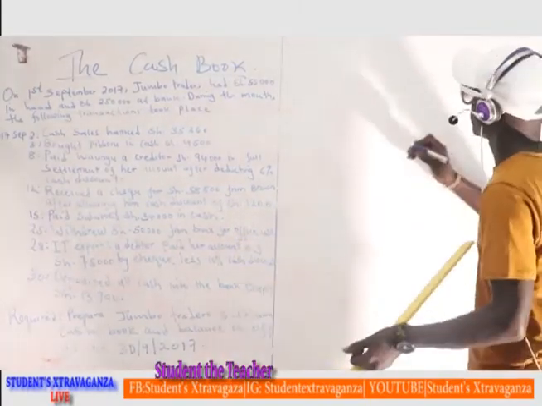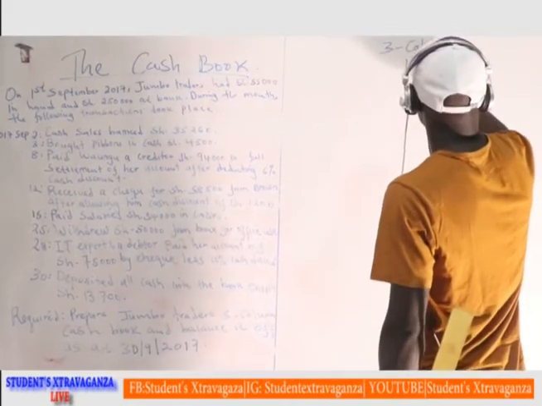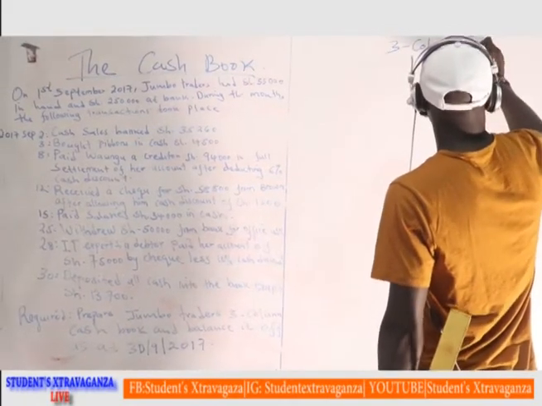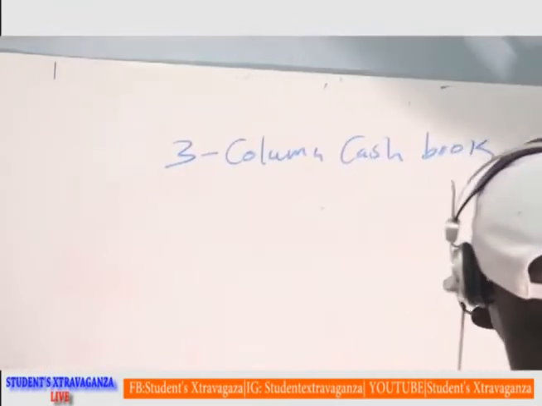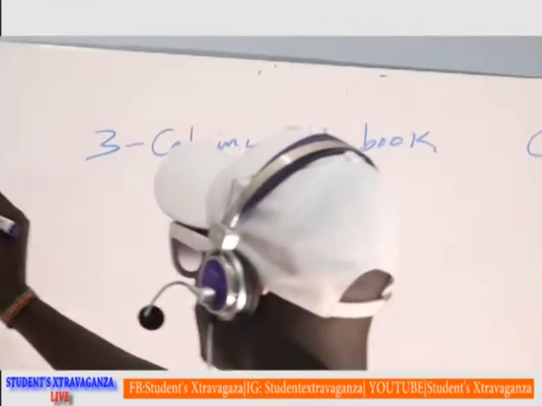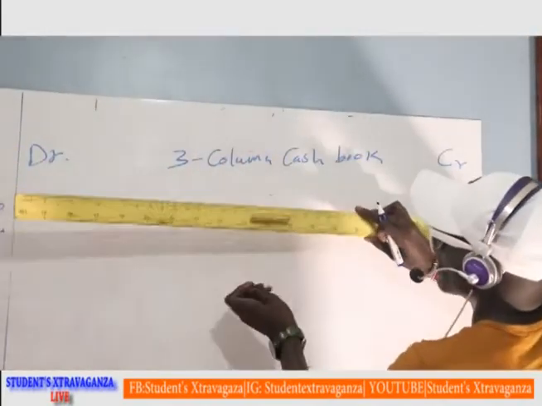We must state 3-column cash book. It has a credit side and a debit side. This is the format.